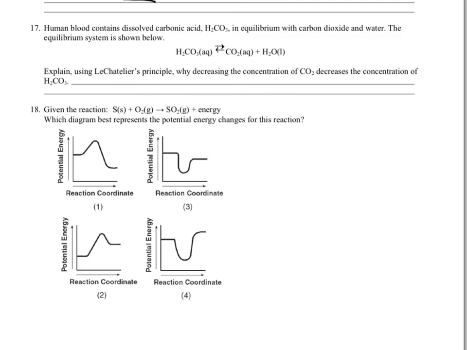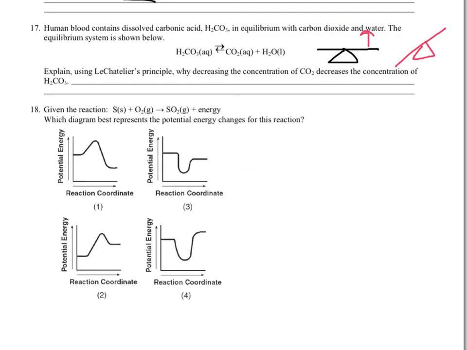Question number 17 asks us to use Le Chatelier's principle to explain why decreasing the concentration of carbon dioxide would decrease the concentration of carbonic acid. So recall that again at equilibrium we start with a balanced system. But if I decrease the concentration of carbon dioxide, a product, then my system is going to shift in this direction.